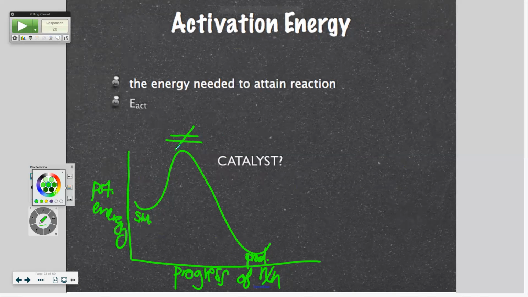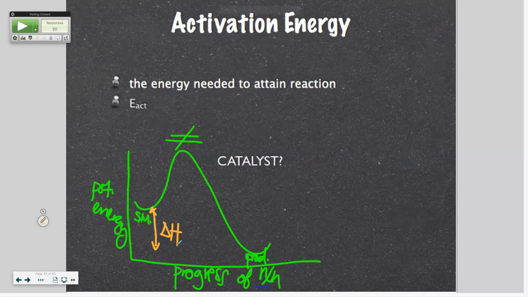If I say label delta H, can you do that? We'll do a little practice on that. We use orange. If we're going to label delta H, that's going to be from here to here. That energy change you can actually figure out using those tables. You did that enthalpy thing in Gen Chem.